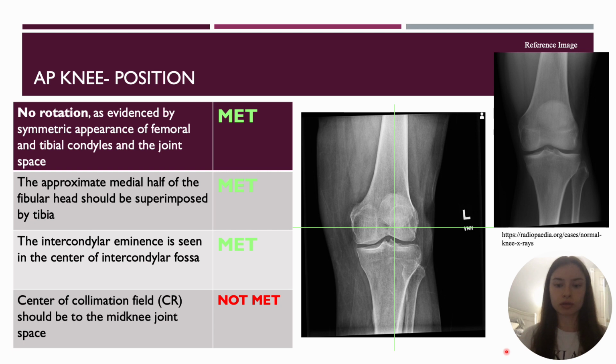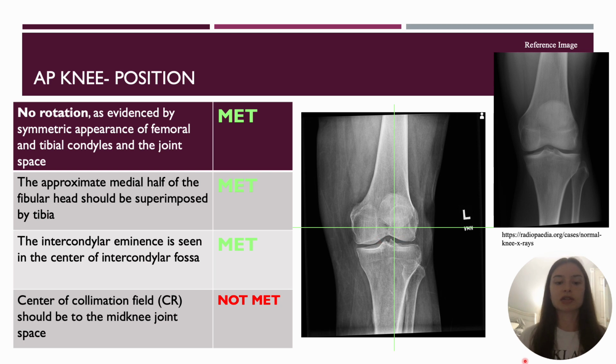I said met for this one because you can see here the medial part of that fibular head is superimposed by the tibia. The next criteria is the intercondylar eminence is seen in the center of the intercondylar fossa. Once again, I did say met for this one because you can see that intercondylar eminence of the tibia right here, and it is directly under that intercondylar fossa of the femur.